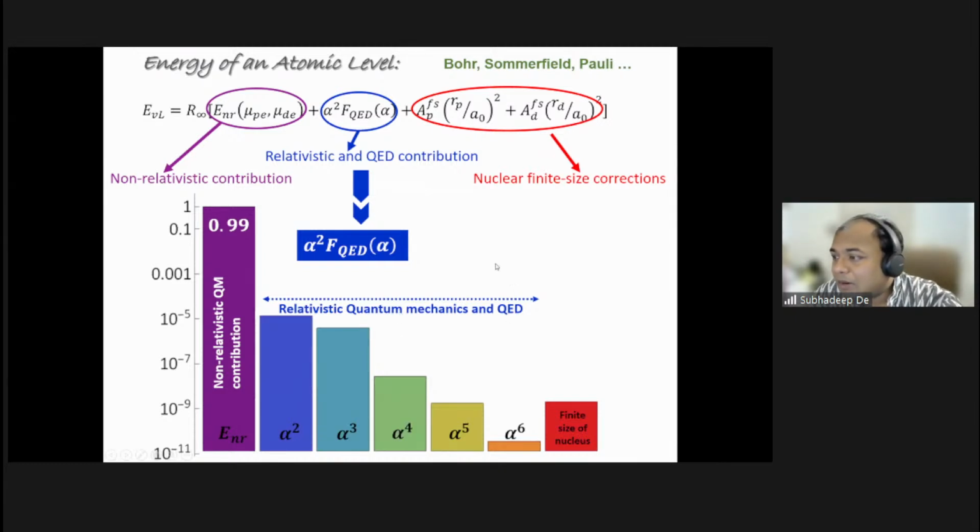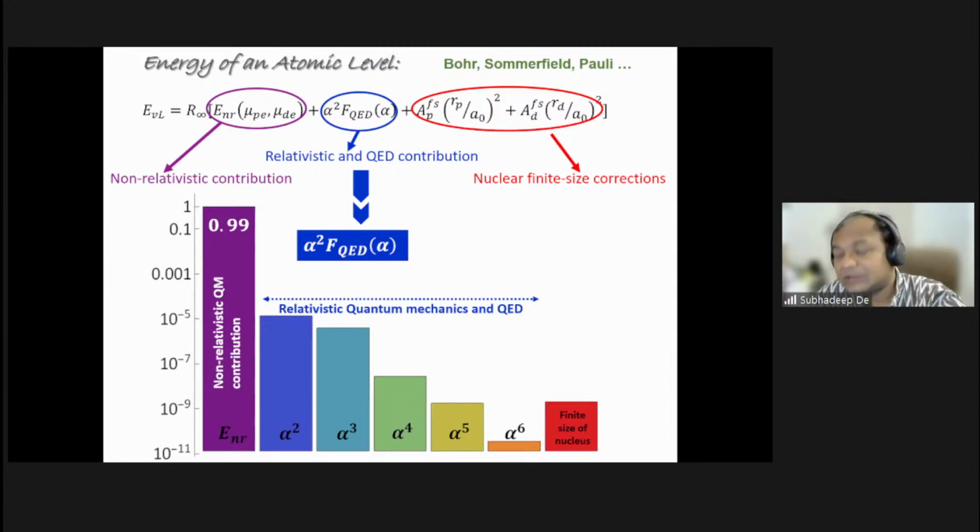So the take-home message is that any energy level has an alpha dependency. It is not only alpha, and this dependency is different for different atoms or different energy levels of an atom, and that determines how sensitive a particular atom or state is to alpha variations.